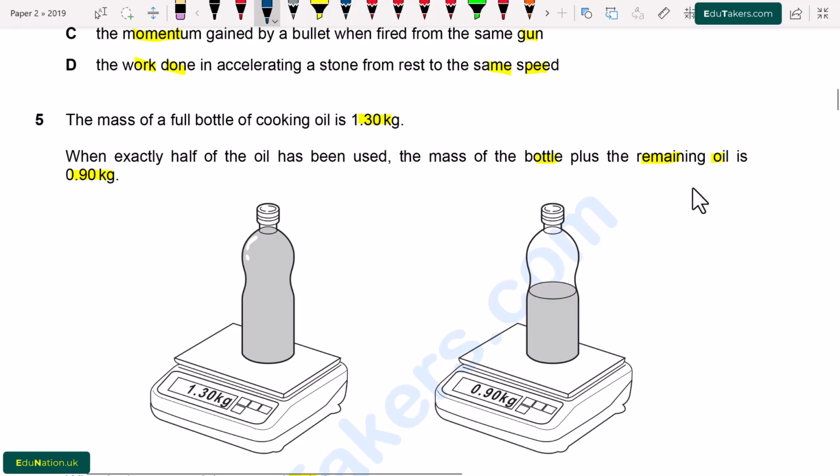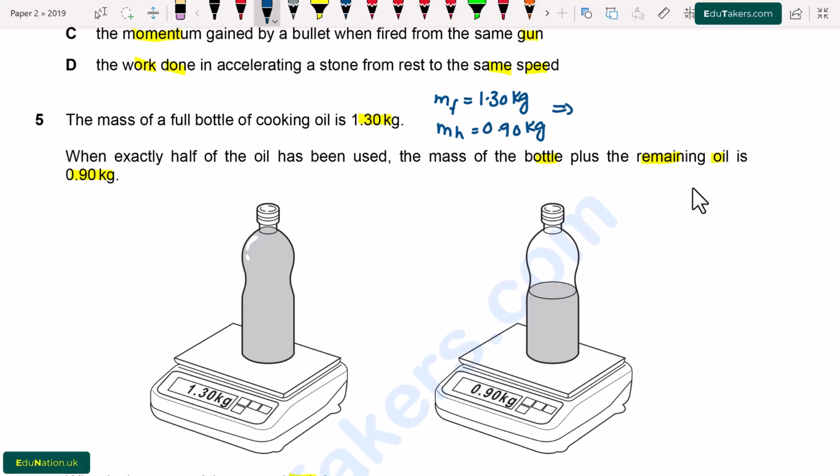I write here, mass of full bottle 1.30 kilograms. Then the mass of the half bottle is given, which is 0.90 kilograms.